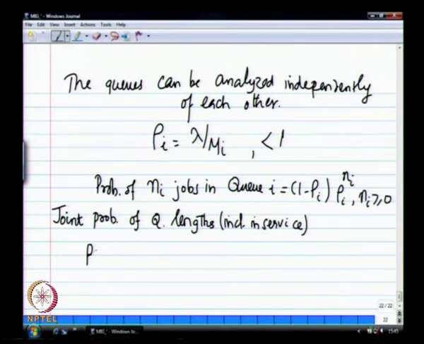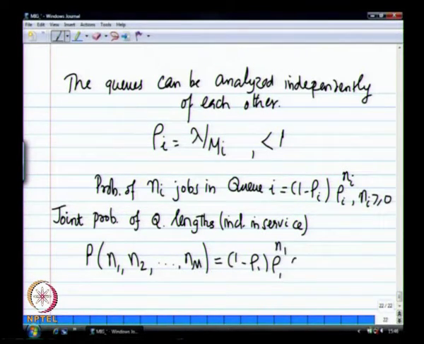That is basically the probability that there are n1 customers in the first queue, n2 customers in the second queue, and nm customers in the last queue. Okay, that is simply the product of all the individual probabilities of the numbers of customers, right, because they are all independent of each other.